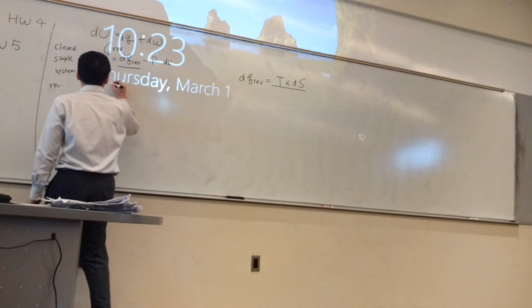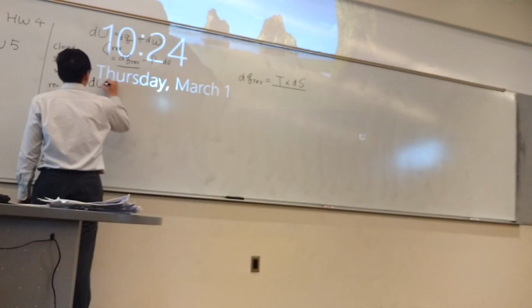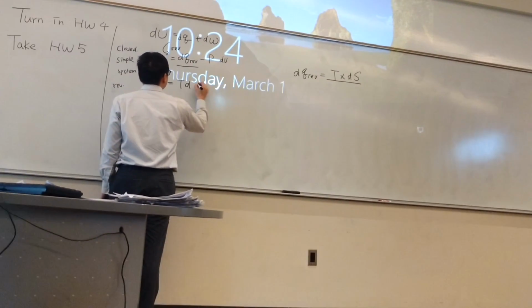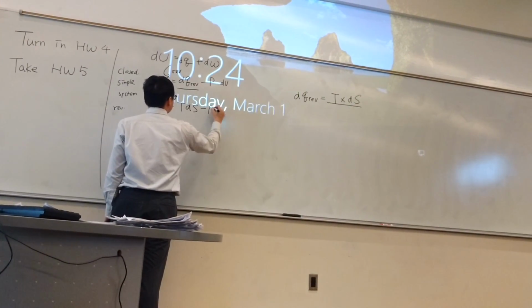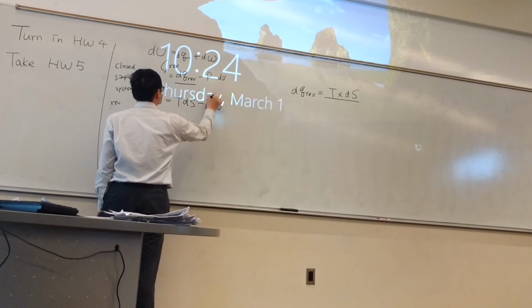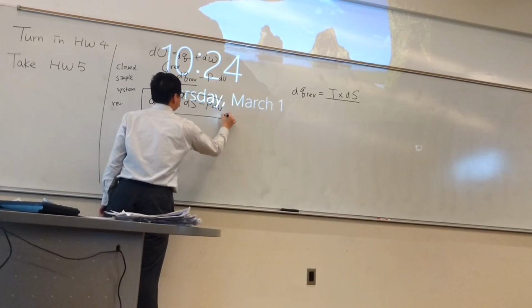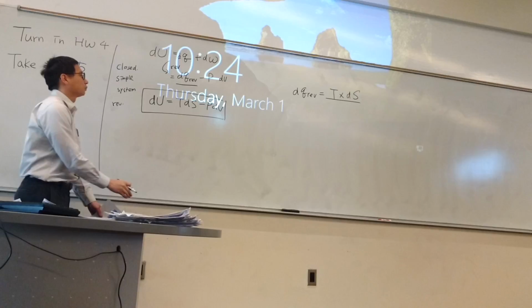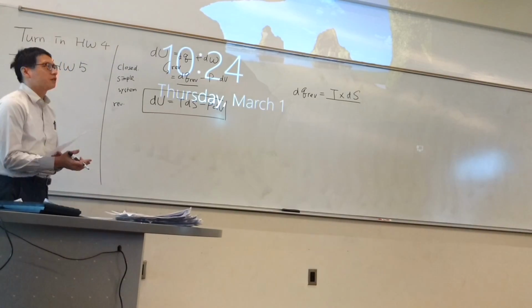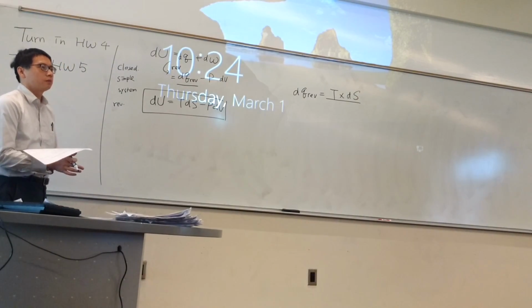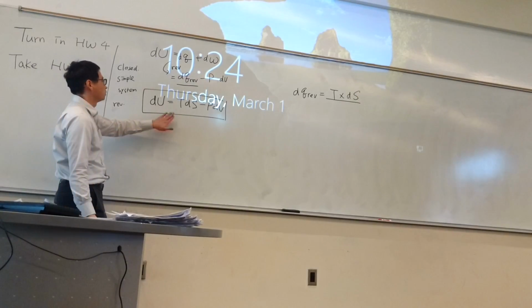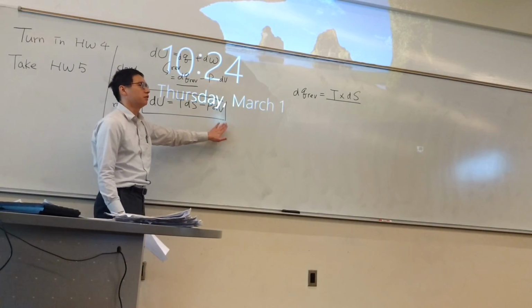So you can write dU is equal to TdS minus PdV. So you have this very simple equation: dU is equal to TdS minus PdV.